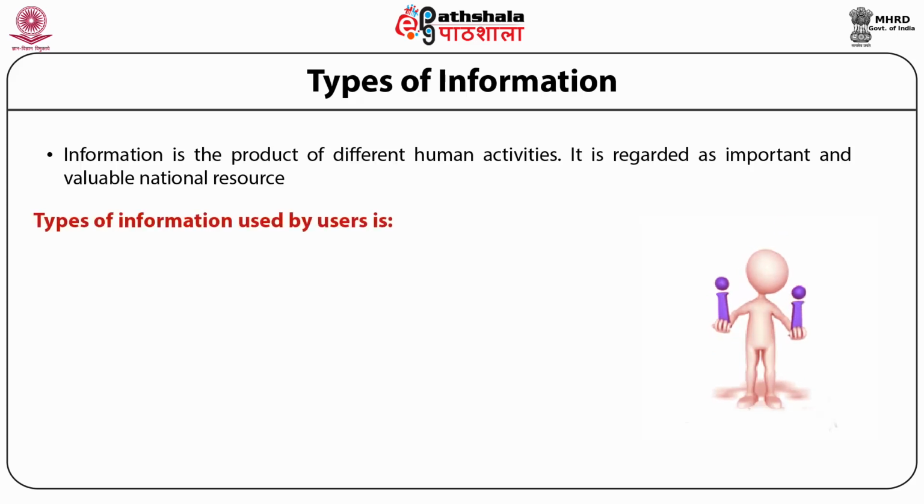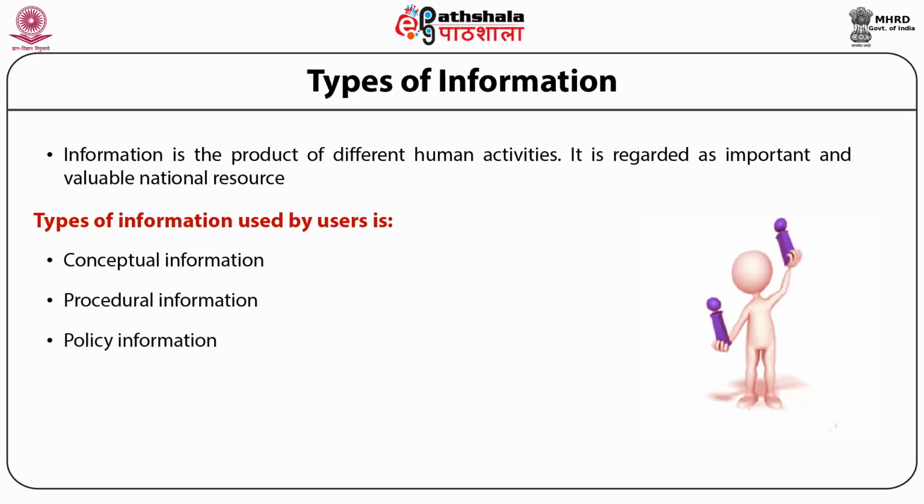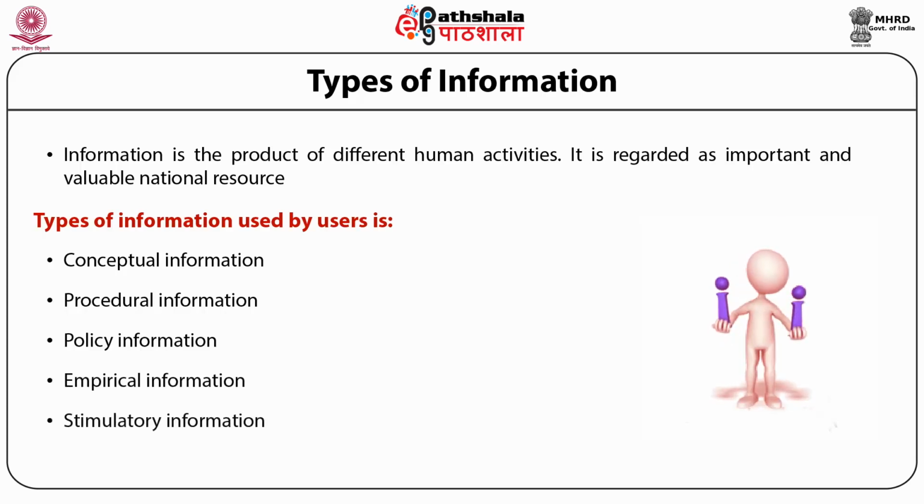Types of information used by different user segments include conceptual information, procedural information, policy information, empirical information, stimulatory information, and directive information.